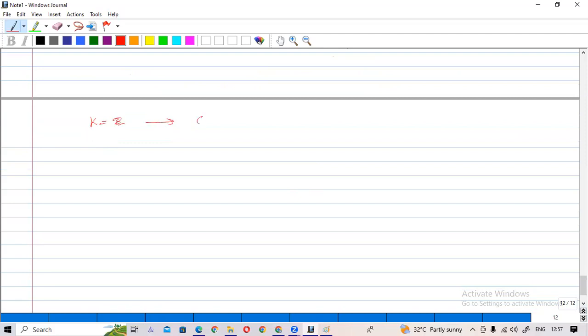C2 will be 1/4 sigma n from 0 to N0 minus 1, that is 3, x[n] e to the power minus j, k is now 2, omega naught n. Okay. So you have to expand this one. So C2 is equal to 1/4 sigma, that is the addition from 0 to 3.